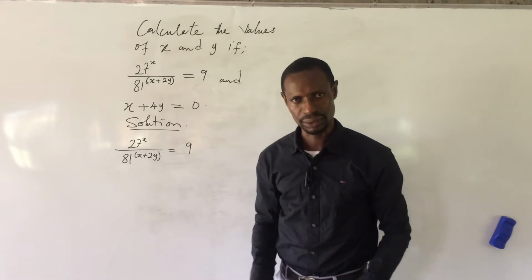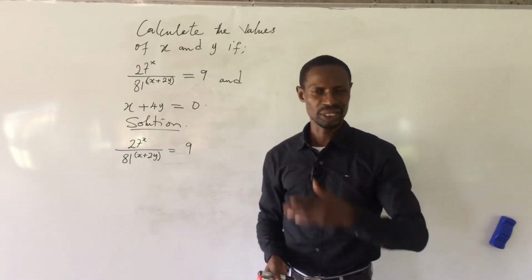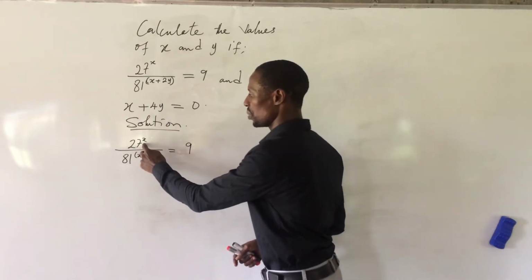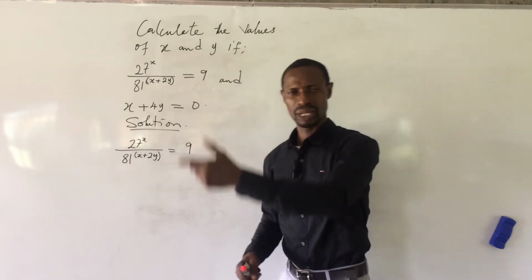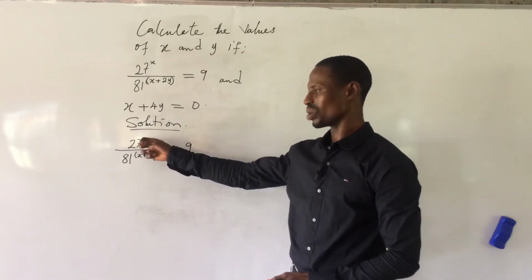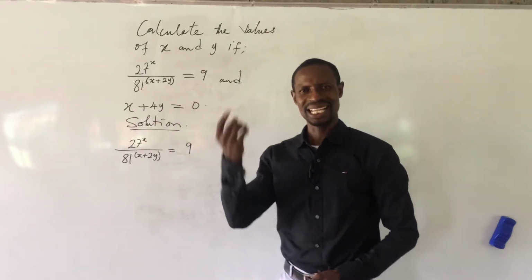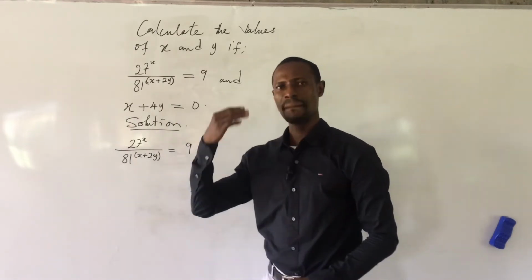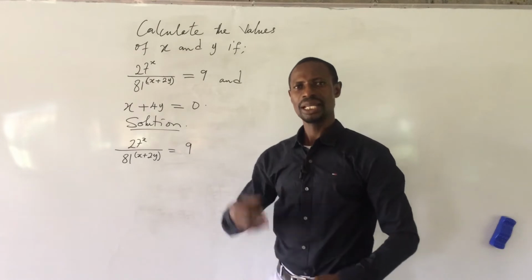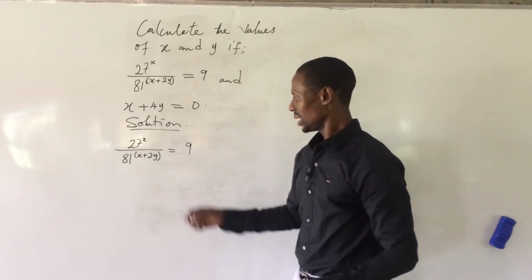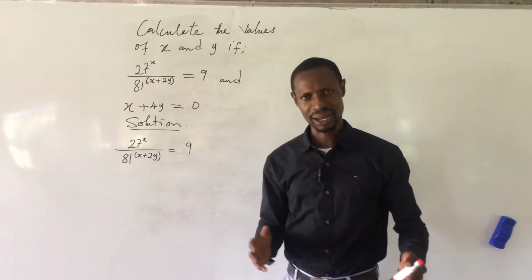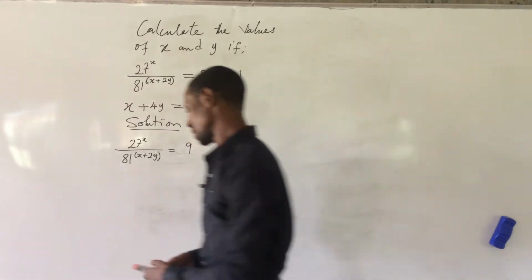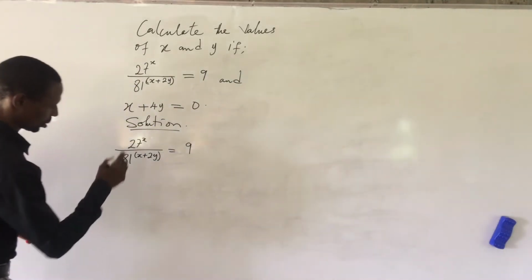The answer is no. So we go to the next figure, which is 3. Can 3 be raised to a particular power to give 27? Yes. Can it give 81? Yes. So we pick 3, since 3 is common to all.